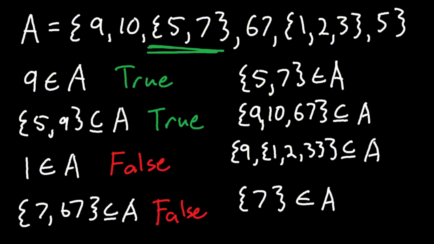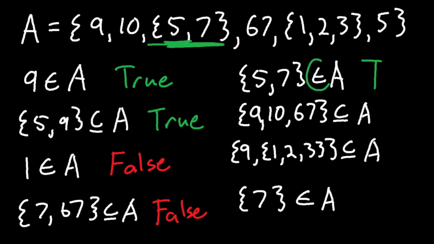And what did I say about this entire nested set? It is one element, right? {5, 7} is one element. It is. {5, 7} is an element of A because we have the entire nested set {5, 7} in here.